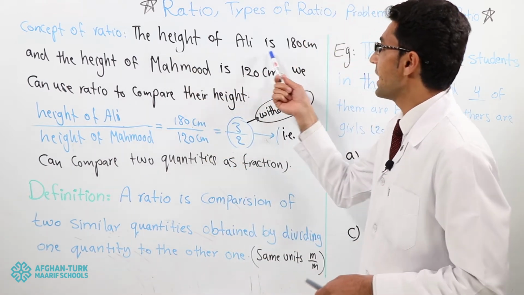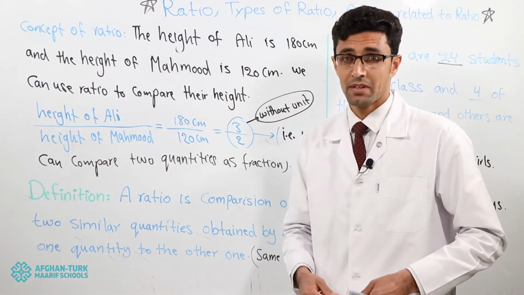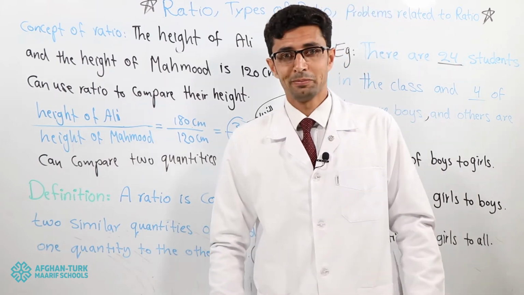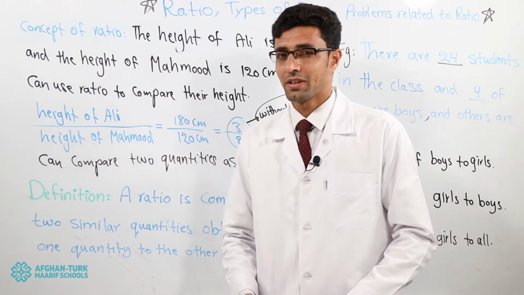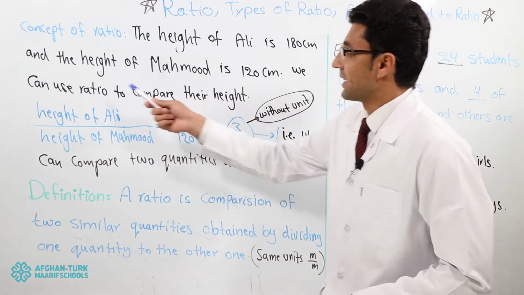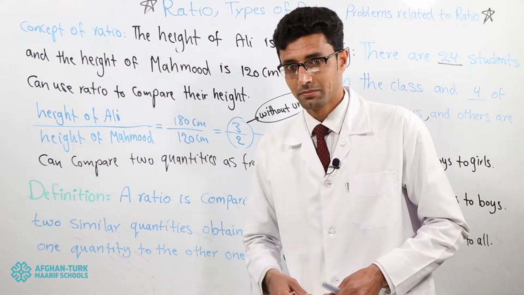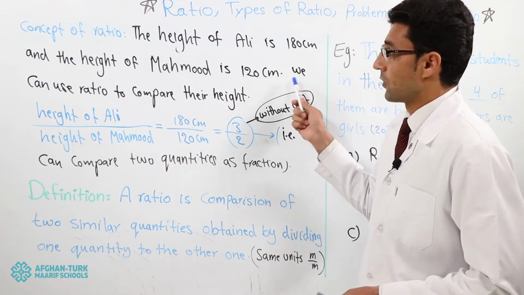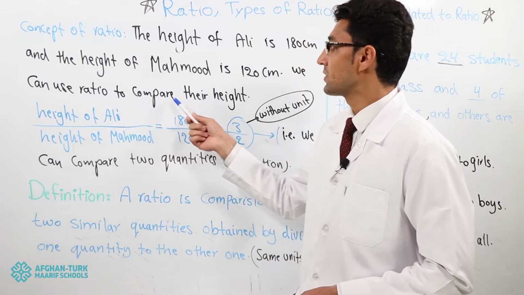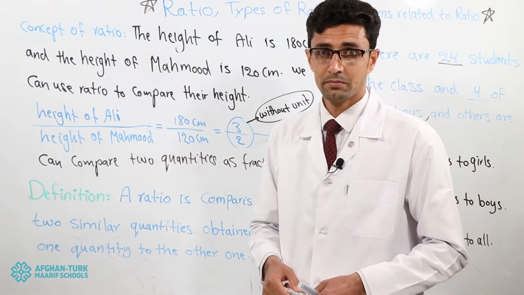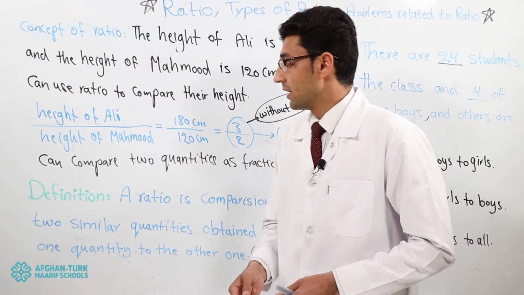The height of Ali is 180 centimeters, like me. I am 180 or 184. And the height of Mahmoud is 120, smaller. We can use ratio to compare their height. How?